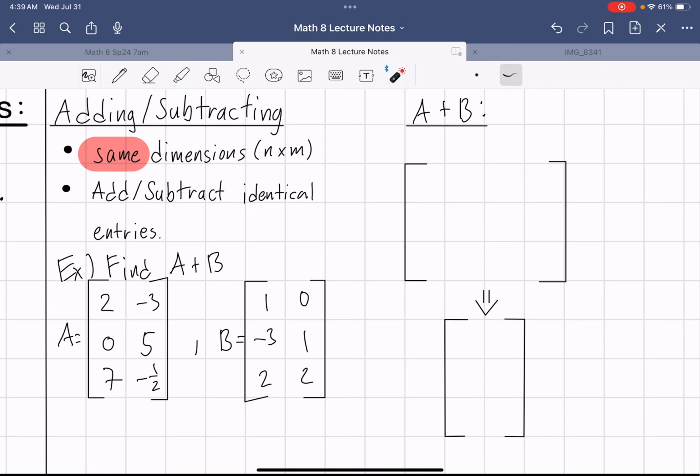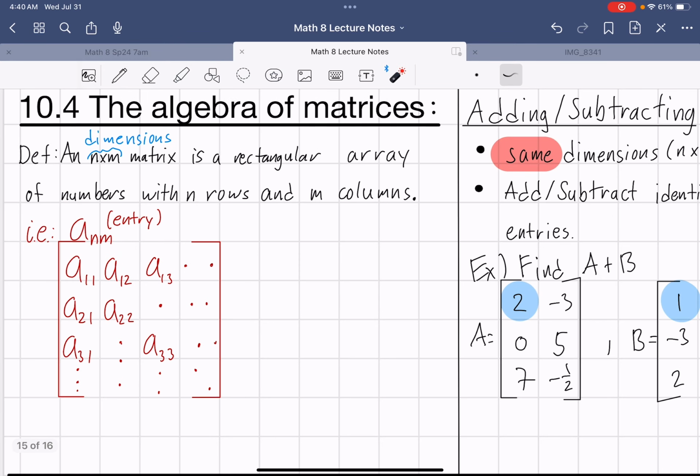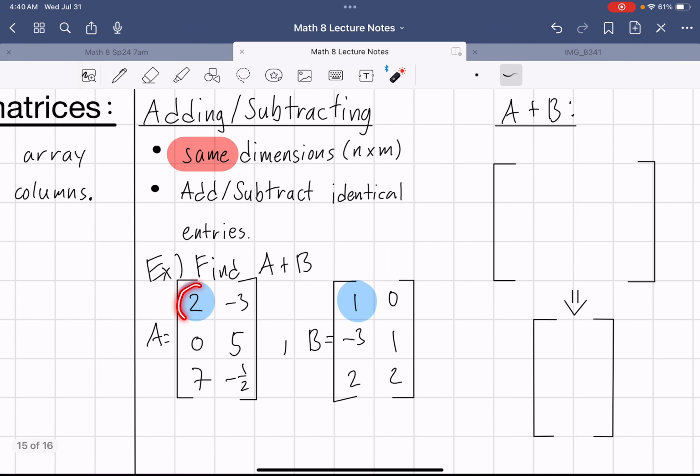What do I mean by that? This very first entry, we're going to take 2 and then 1. Because that is the same, that's row 1, column 1, back to how we represented it. That's what this 2 is for A, and that's what this 1 is for B. This is row 1, column 1. This is row 1, column 1.